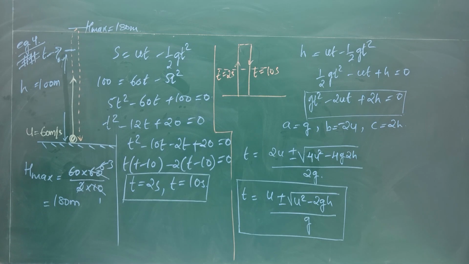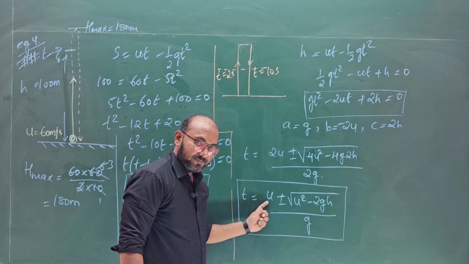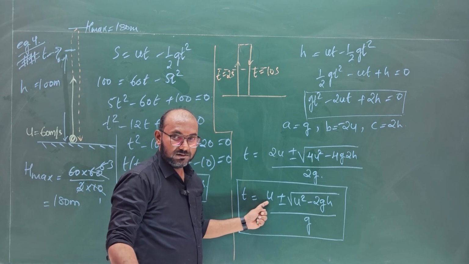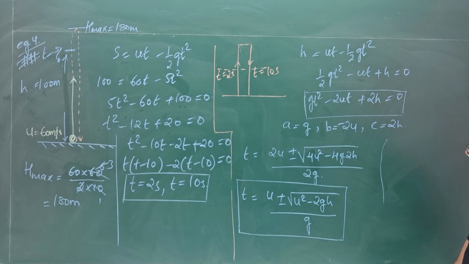Now, tell me, when the object is moving in the upward direction, its time will be positive. So in this direction, t is positive. While returning back, can t be positive or negative? Always positive. While returning also, t will be positive. While going in the upward direction, t again remains positive.